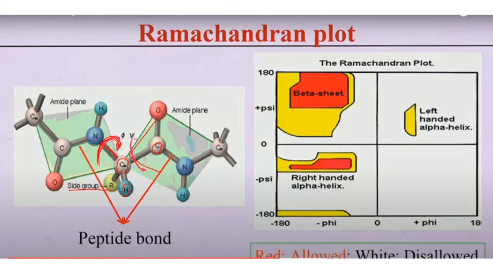The angle made by this amide plane with another amide plane is called the phi angle. And the other bond, formed from C alpha to the carbonyl carbon, is turning in the anti-clockwise way.